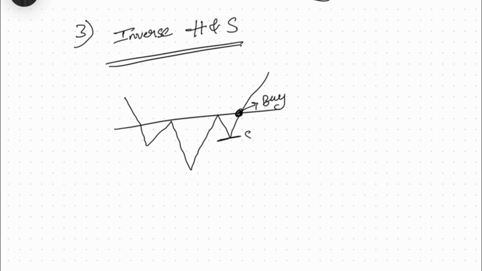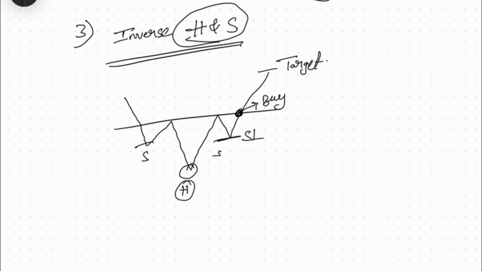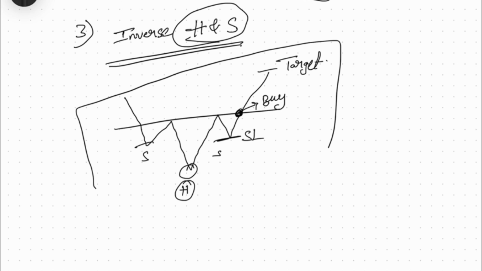This will be the stop loss, this will be the target. Why we call it head and shoulders is, if you see here, this is the head and these both are shoulders. That's why we call this head and shoulders.